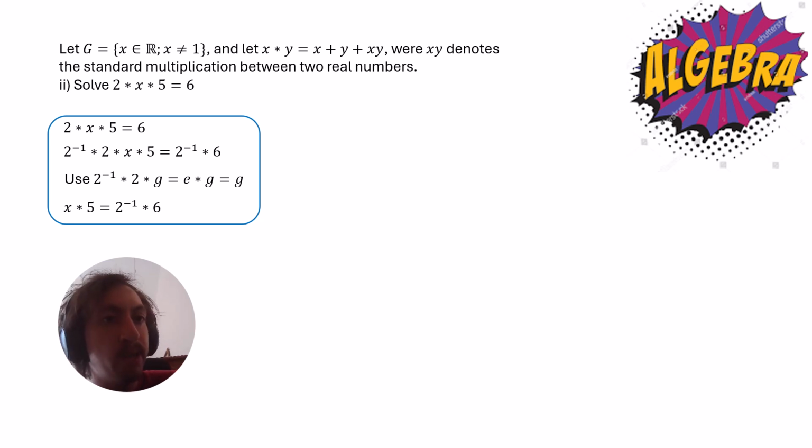Now, it's worth saying one might be tempted to cancel out the 5 by starring by 5 to the minus 1, and you might think it doesn't matter where we put that 5 to the minus 1, like whether it's on the left or right hand side of x. It's worth saying with that you have to be careful, because although star is associative, we can't assume in most cases that star is commutative.